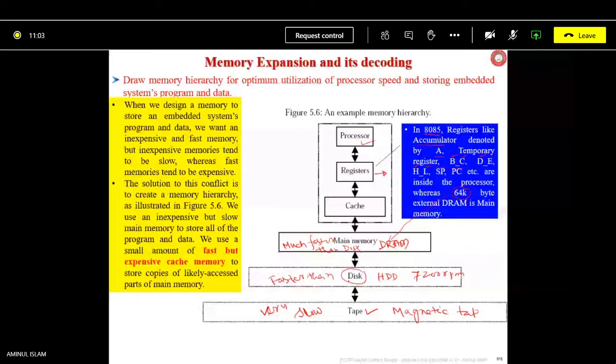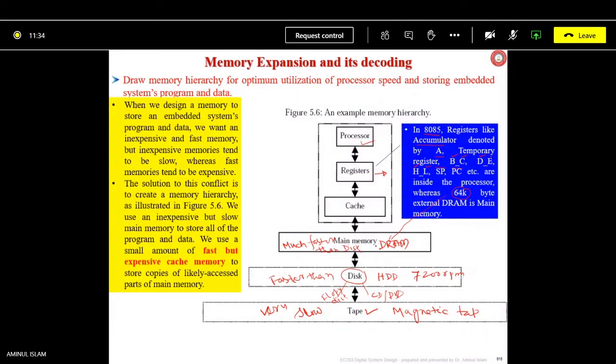So possibly hard disk should be kept in a separate category compared to the other two. Here you should put floppy disk, and here you can put CD or DVD. Then it will be better because hard disk is quite faster than these disks.